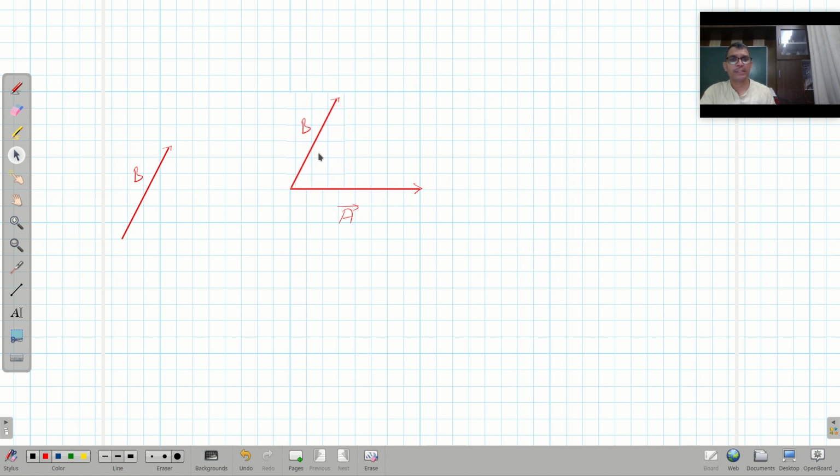So say it is like this. So these are the two vectors. So what I will do, using these two vectors, let me complete the parallelogram. So the parallelogram is completed like this.